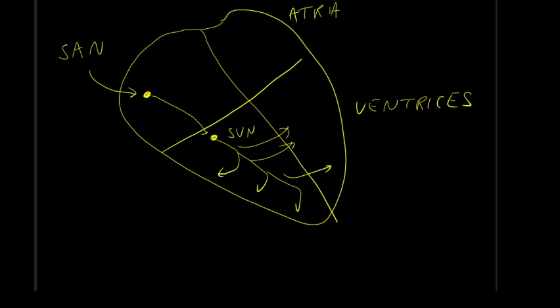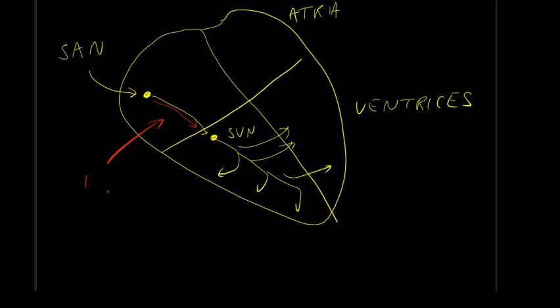So to slow the heart down, this section here introduces a delay which is crucial for making sure that the ventricles contract just after the atria.